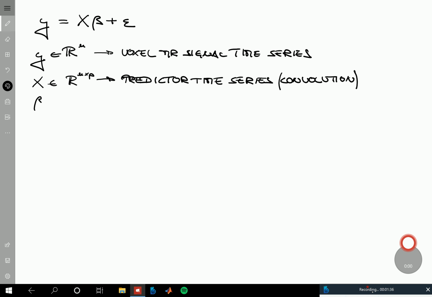And then what is the beta? How many are there? Exactly. And what do they mean in terms of fMRI? The weight for the predictors. Yeah.